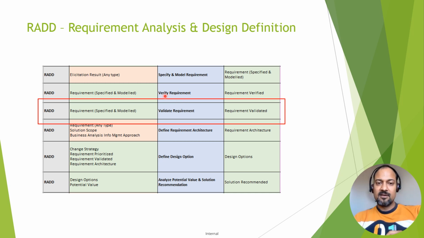So verification needs to be completed first, meaning my sign off should be there first as acceptance of the business, and then the user will do a sign off as user acceptance. That is very important for you to remember. The same thing I will discuss in the next slide. So from verify requirements we get requirements verified, and from validate requirements we get requirements validated.